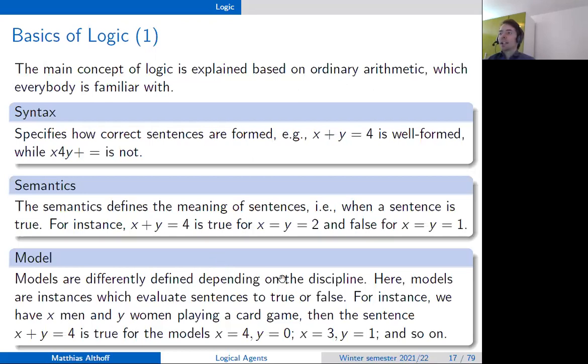In our case, we mean instances which evaluate sentences to true or false. So for instance, if we have X men and Y women playing a card game, then the sentence X plus Y equals 4 is true for the following models: if X is 4 and Y is 0, X is 3 and Y is 1, and so on. So these would be possible models of the system.